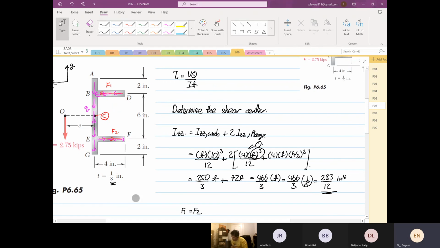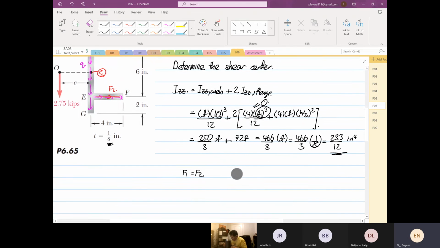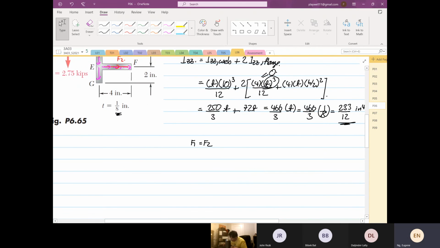Whatever is at C, running along C, we don't need to calculate any of the forces. This is because there's no perpendicular distance. So we just need to concentrate on section BD now. F1 equals F2, and we just look at section BD.